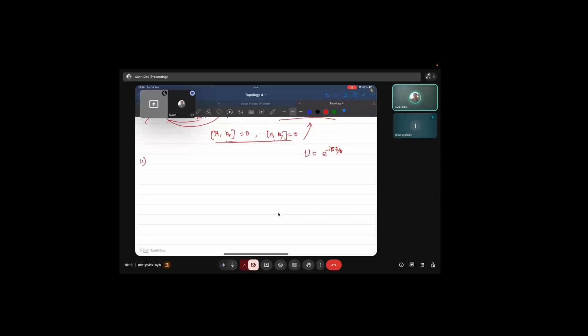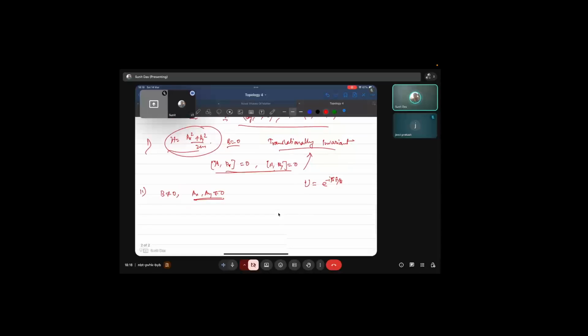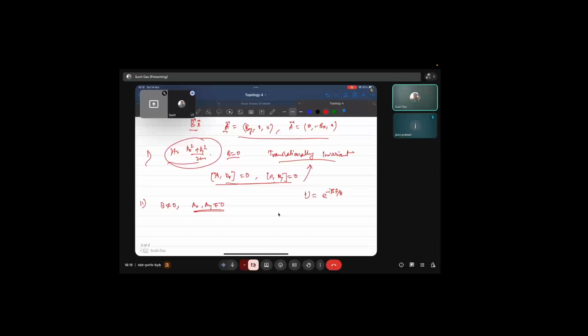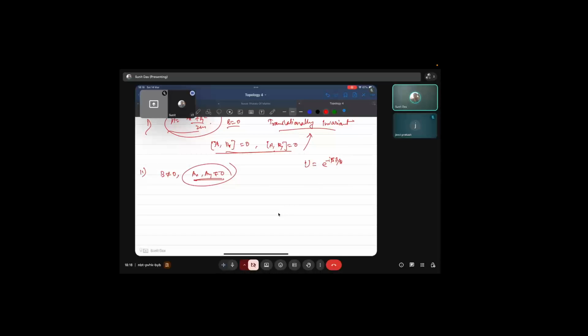Now, in the presence of a magnetic field, when B is not equal to 0, that means Ax and Ay are also not equal to 0. Either both can be non-zero or one of them can be non-zero. So Ax is the x component of the vector potential A, and Ay is the y component, right? The moment you have x and y dependence in Ax and Ay, your Hamiltonian is given by (Px plus eAx) square by 2m plus (Py plus eAy) square by 2m.